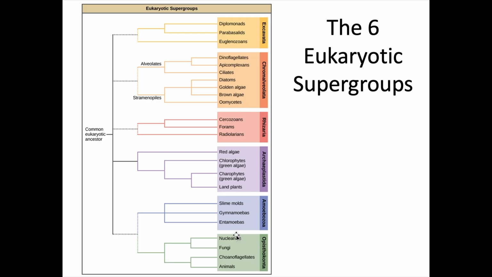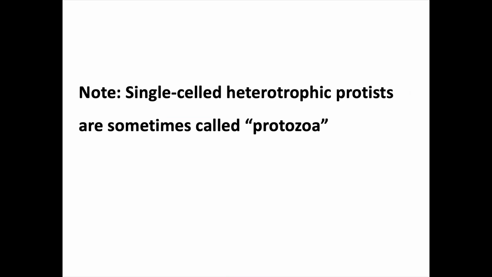There is one last thing that I want to say in this chapter before we can finally be done with protists, and that is the following statement. It has to do with the word protozoa. I haven't used this word. I don't like using this word, but it's something you may come across in other classes or other places.